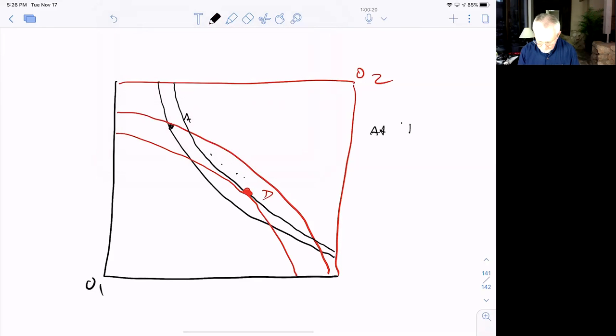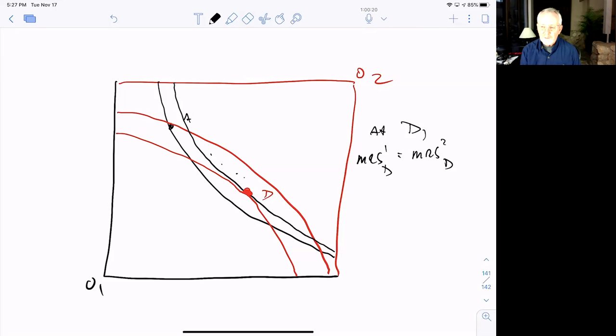Here at point D, the marginal rate of substitution for person 1 is exactly equal to the marginal rate of substitution for person 2. Because their indifference curves are just tangent, they have exactly the same slopes. Now notice, even though I flipped 2's axes around, the slopes are still going to be the same. It's still delta Y over delta X, and it's going to be negative.